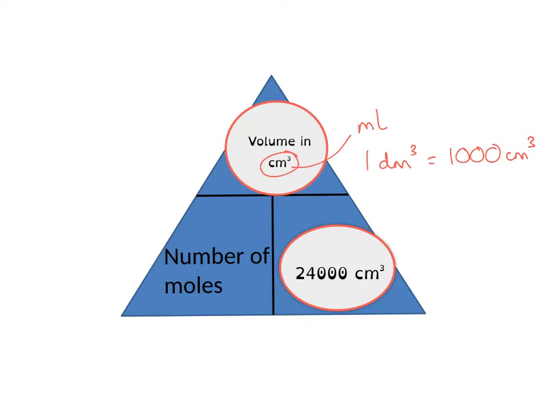Or if my volume's in centimetre cubed, well, 24 decimetre cubed, which was the amount that 1 mole of gas takes up, would be equal to 24,000 centimetre cubed. So I could just substitute the centimetre cubed value into my equation, because dividing by 24,000 is the same as dividing by 1000 and then dividing by 24. Doesn't matter which way round you do it, we'll show you both in the following calculations.